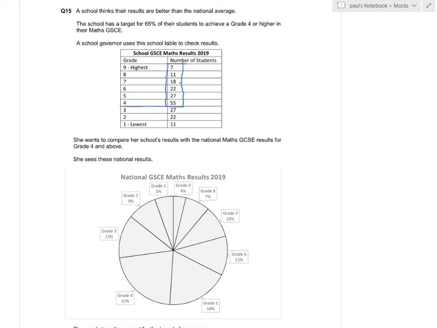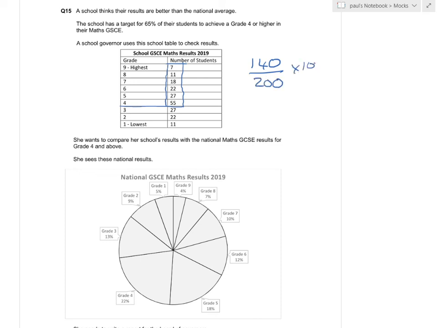So we've got 7 plus 11 plus 18 plus 22 plus 27 plus 55. So that's 140. Plus 27 plus 22 plus 11 is 200. So 140 out of 200.